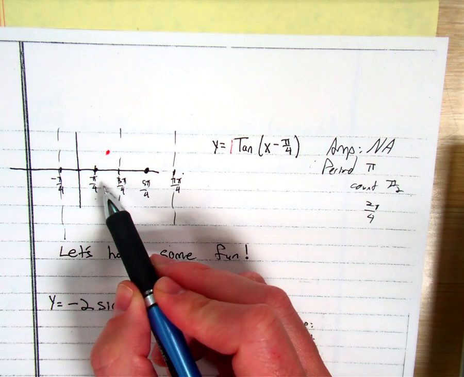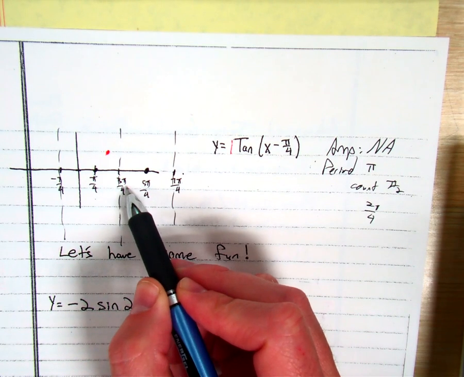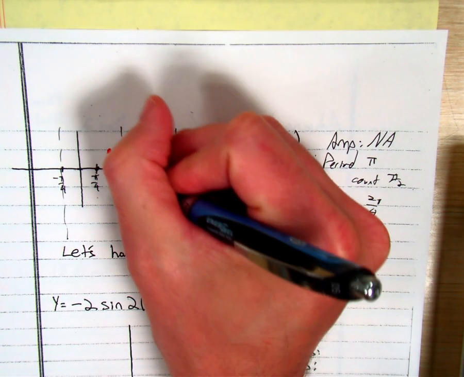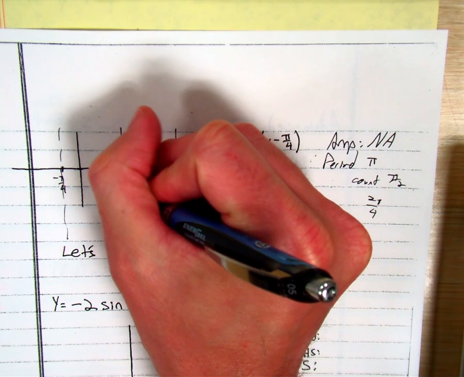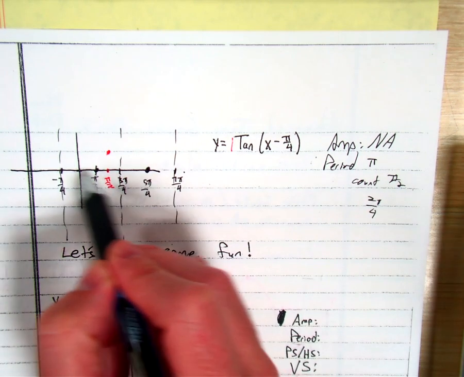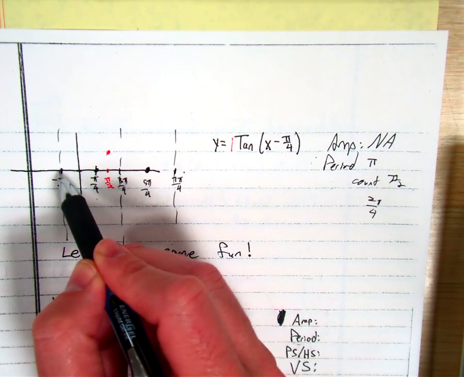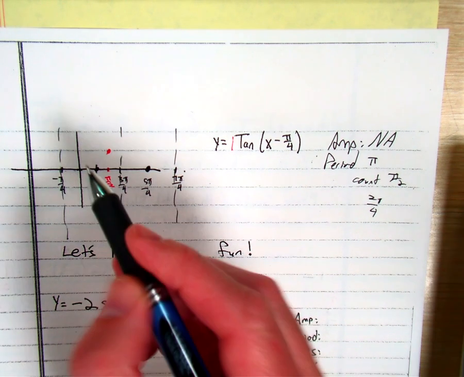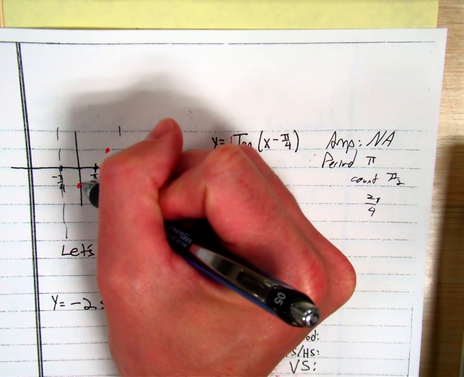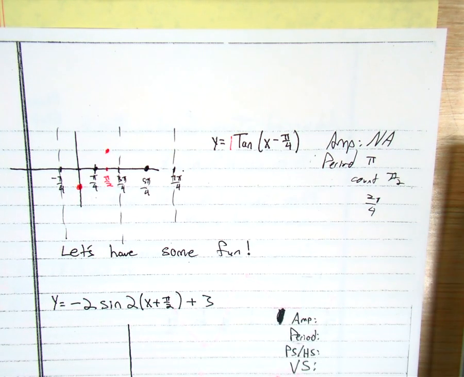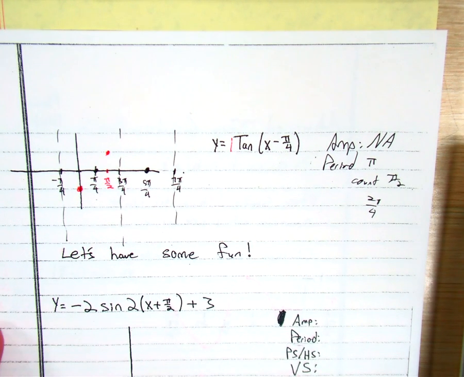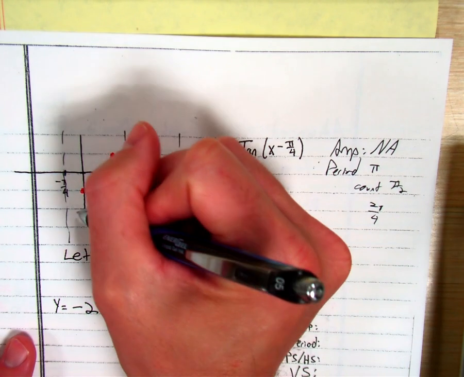What's halfway between 1 pi over 4 and 3 pi over 4? Halfway over would be 2 pi over 4, or pi over 2. Halfway between 1 pi over 4 and negative pi over 4 is going to be 0. So that actually works out nicer for the halfway dots.